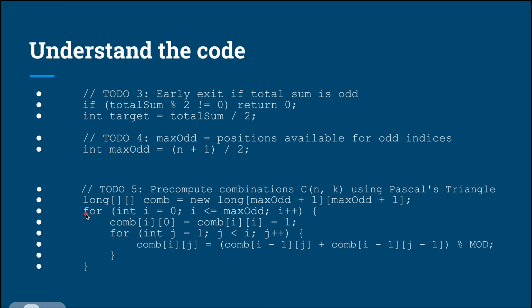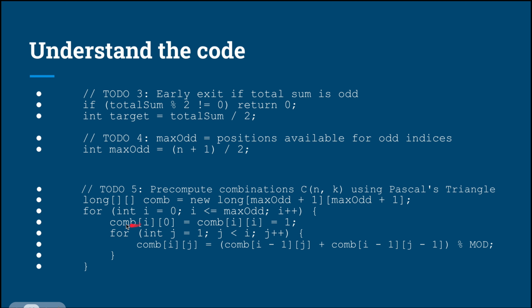How are we going to compute? We'll create a for loop till the max odd number, and initialize combination of i, 0 equal to combination of i, i equal to 1. We initialize like this first, and then we go for all the combinations. So combination of i, j will be combination of i minus 1, j plus combination of i minus 1, j minus 1, and we take the modulo and keep computing all the combinations, storing them in the combinations array.